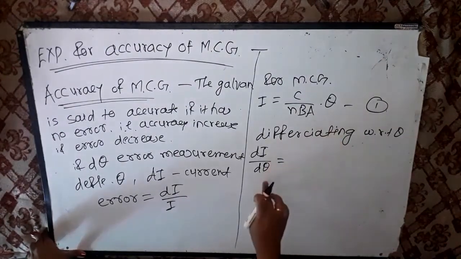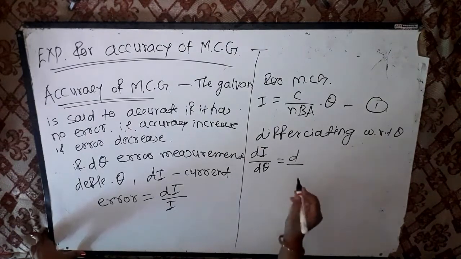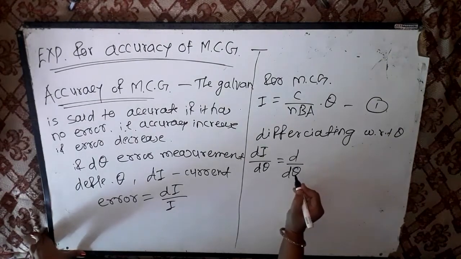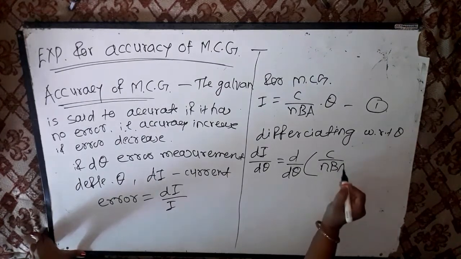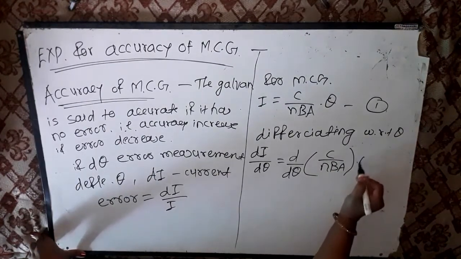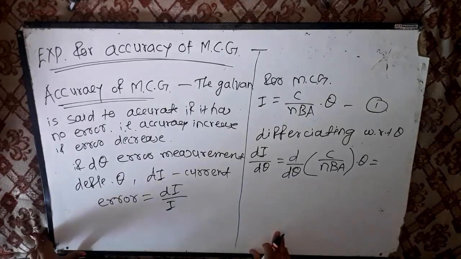So dI by dθ is equal to d upon dθ of C upon NBA into θ.